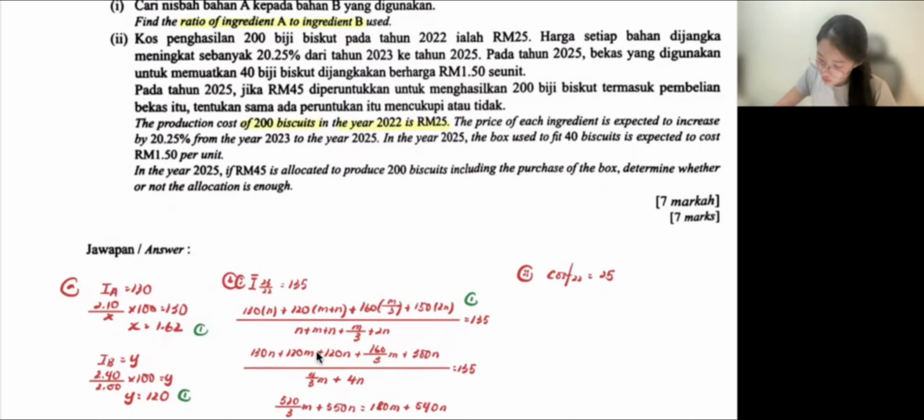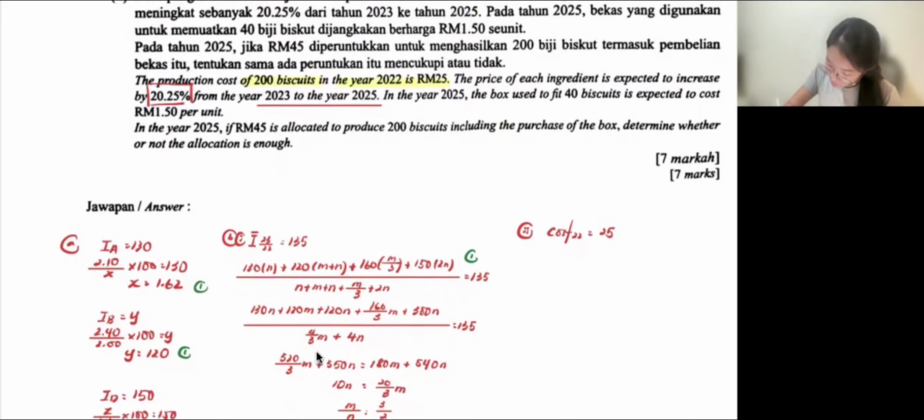The price of each ingredient is expected to increase by 20.25% from the year 23 to 25. That is a new year over here. So let us write it like this, 2022, 2023, and 2025. From 23 to 25, increase by 20.25.